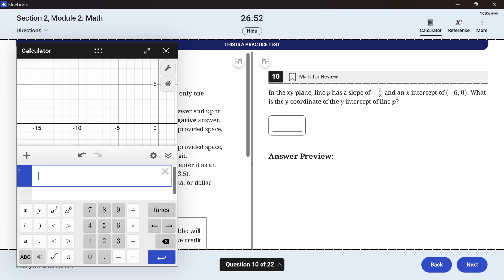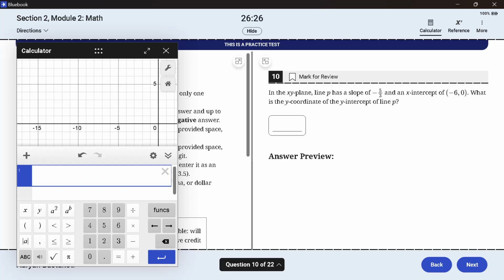Okay, for these kinds of questions, you can easily write in the form y = mx + c, which is y = -5/3 x + c. Or what you need to do is use the form y - y1 = m(x - x1).